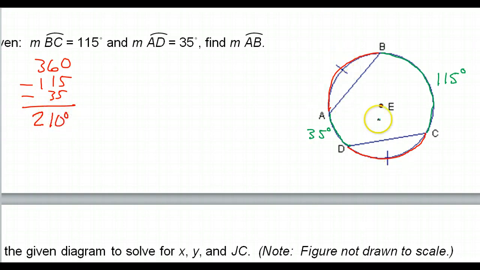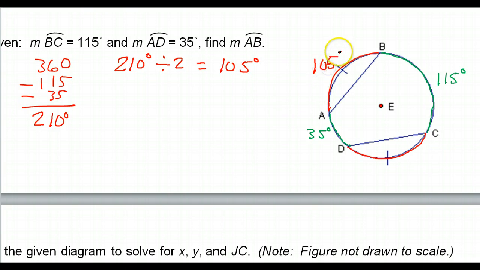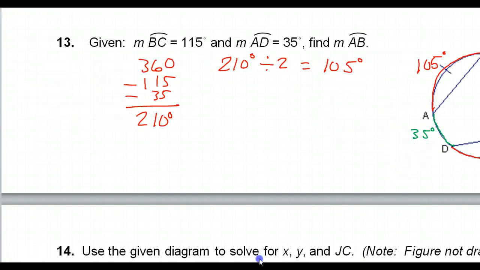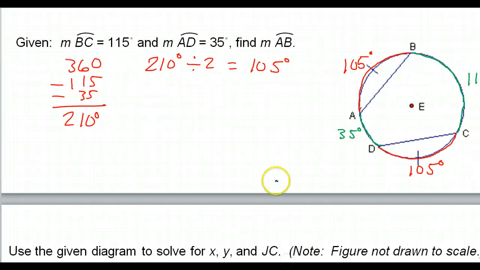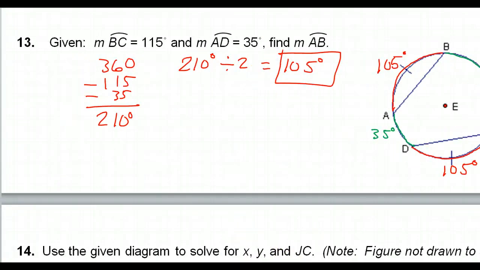But that 210 degrees needs to be shared equally between these two arcs. So we take our 210 degrees, divide it by 2, and that's going to give us 105 degrees. So each one of these arcs is 105 degrees, including arc AB. So that's number 13.